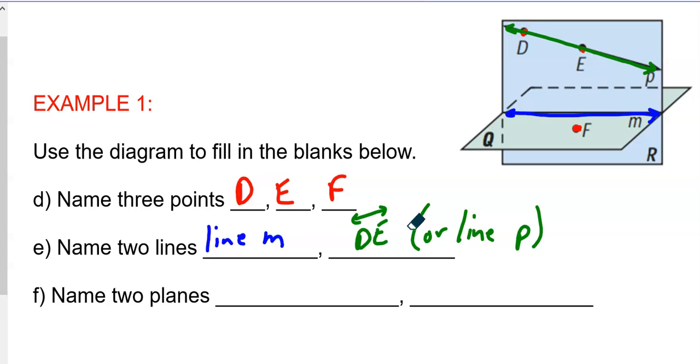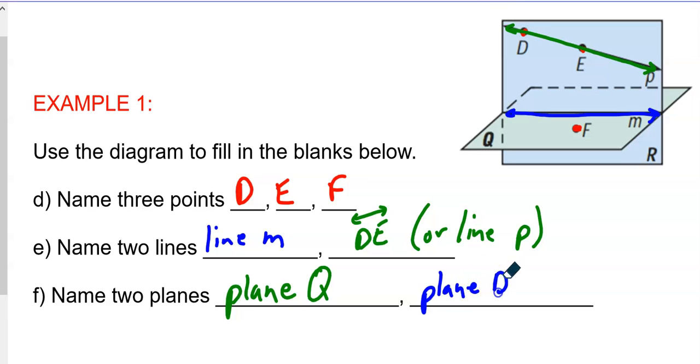And last but not least here, we have to name 2 planes. Well, we have the green one. I will label that, again, 2 different ways. Since I see the uppercase letter there, I'll name that plane Q. But I also see this one here, 2 different ways to name this one. I can name it by 3 points.